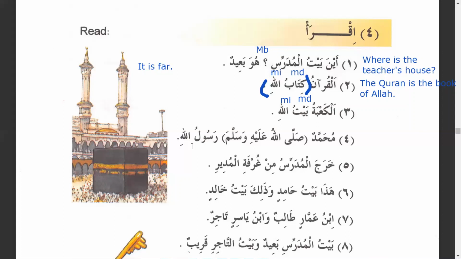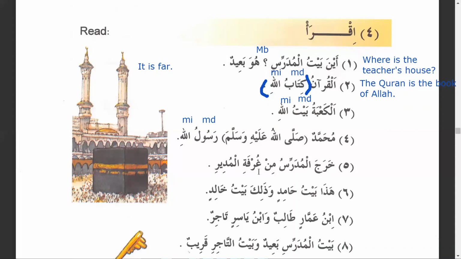So where is the mudaf ilayh? Allahi. Which part of Idafa? The mudaf ilayh. And Rasulu is the mudaf. Excellent.